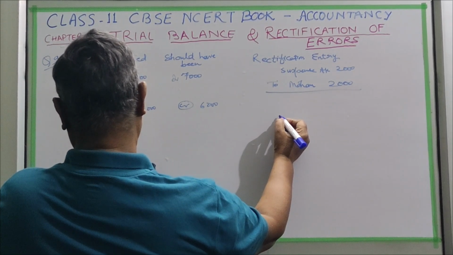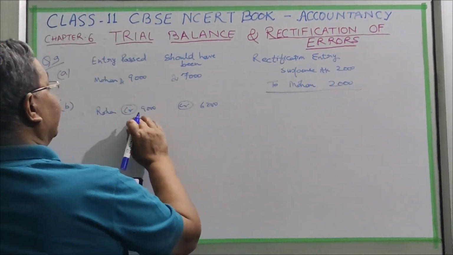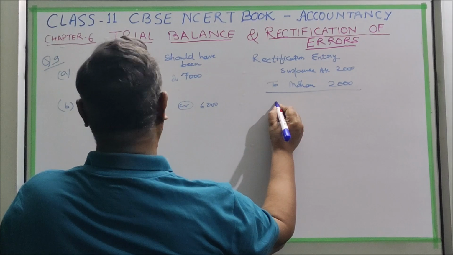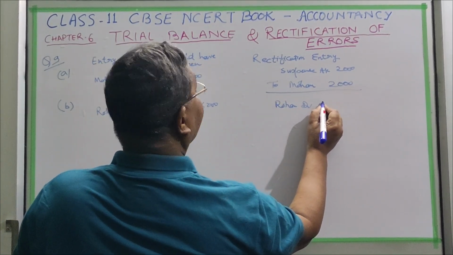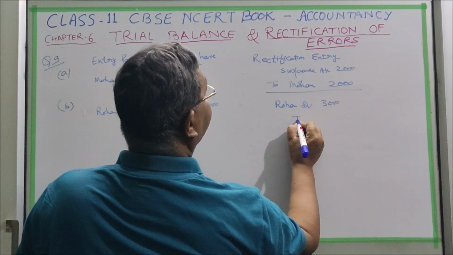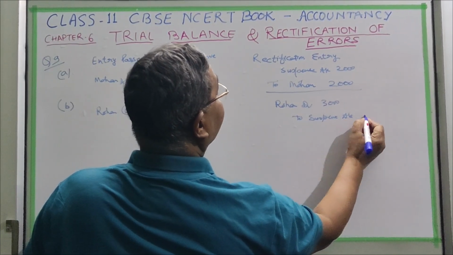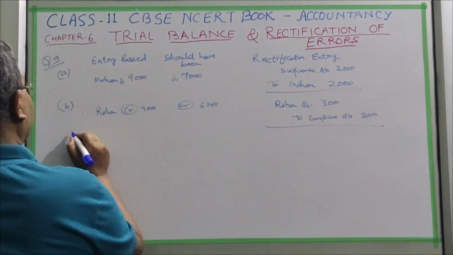Credit purchase 9,000, excess credit you have given. So you recover now. So Rohan debit 3,000 recovered and to suspense account, because this account is not known. Okay, then suspense account will come.